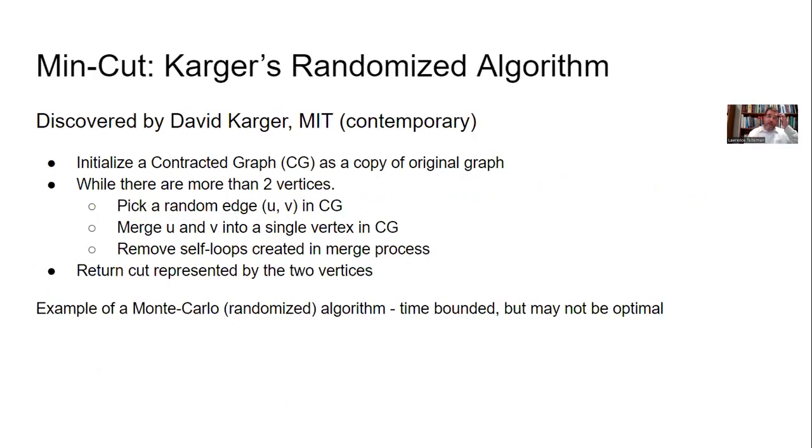It starts with something called a contracted graph, which we're going to call CG, a copy of the graph. We take two vertices. How do we pick them? At random. You pick an edge, look at its two vertices, and combine the two vertices in the edge into a single vertex.